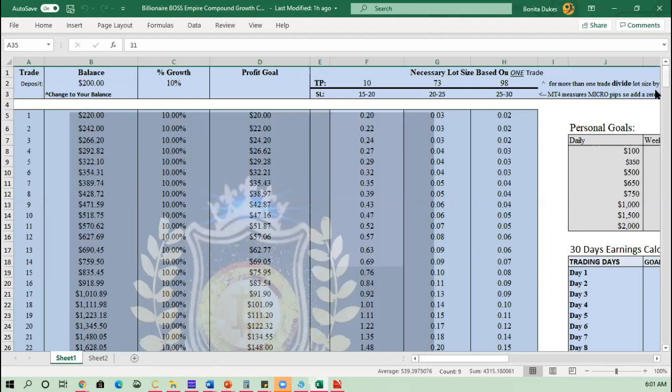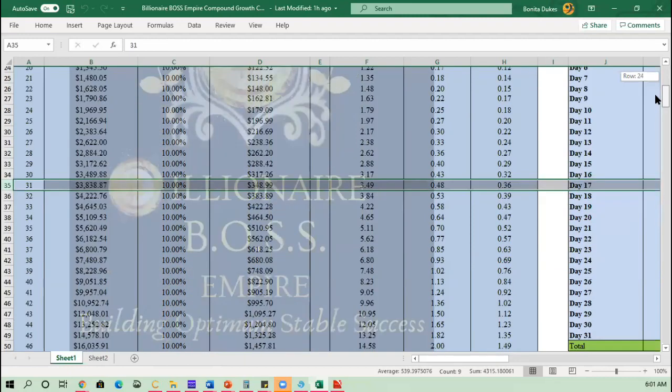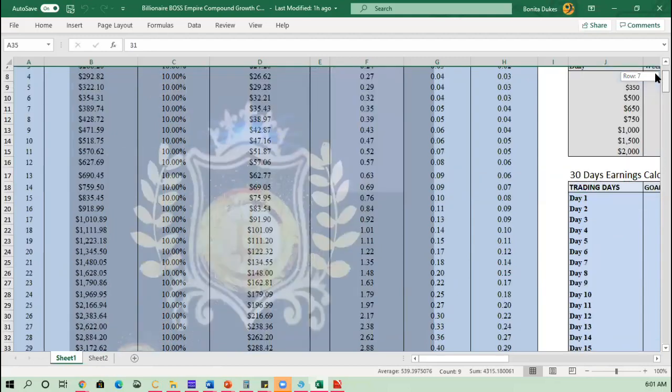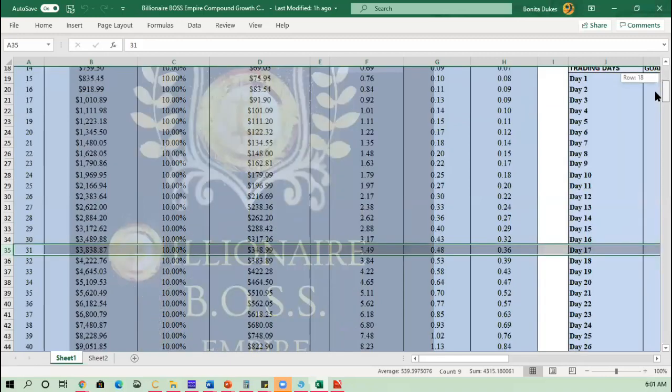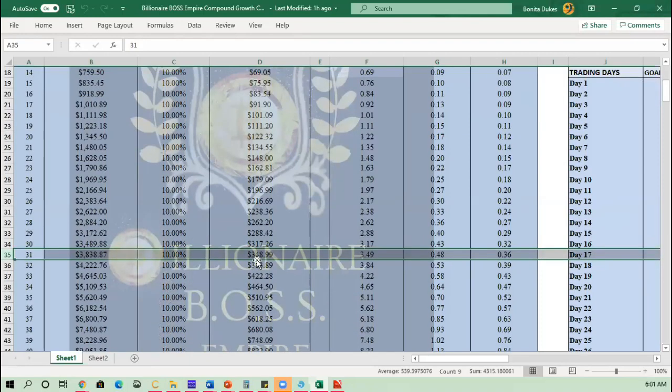Then you're looking at 3.49 for your lot size. And you're only looking at getting 10 pips. That's it. Those 10 pips is going to get you your profit goal for the day, which is $348.99 when you're trying to grow your account by 10%. That is what you're looking at to get for the day. Okay, so your total pips is 10.